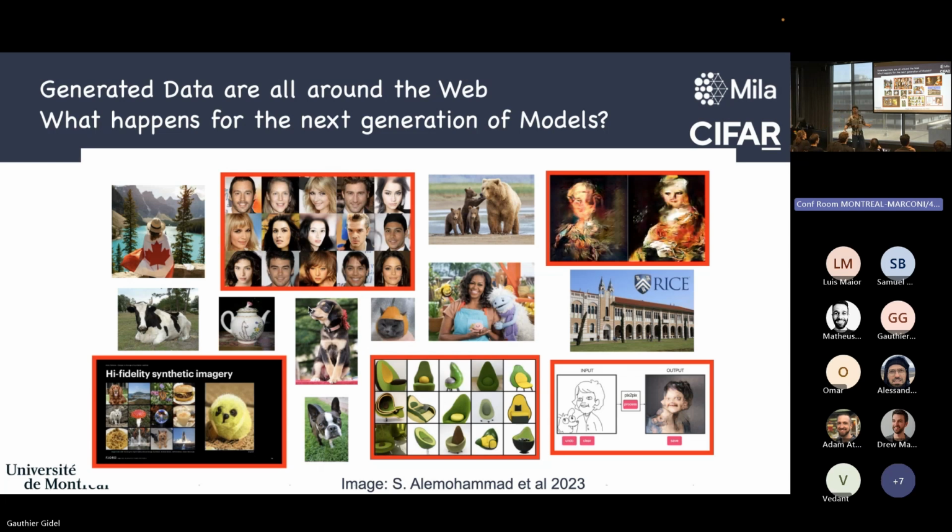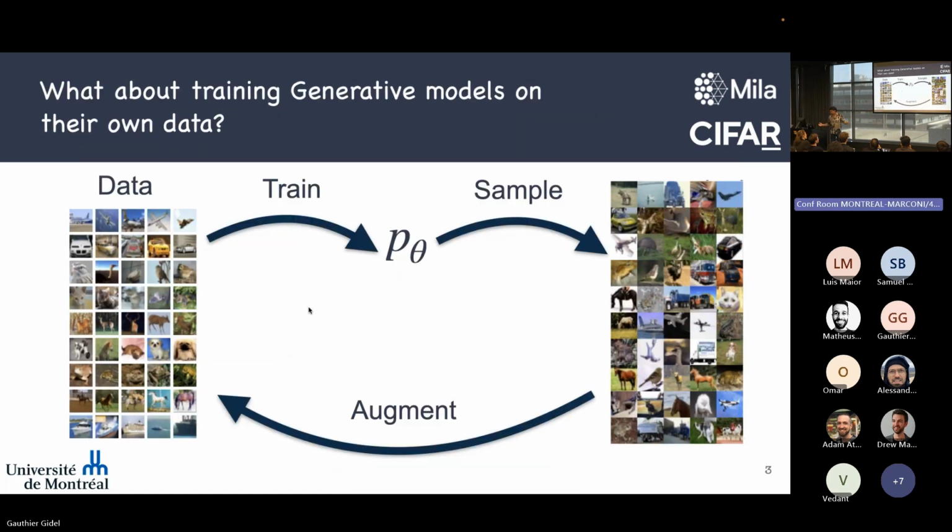And when you train your diffusion models on the Lion dataset, you will partially train on generated data. And so basically, what's going to happen is that in some sense, we have this feedback loop where we have generative models.